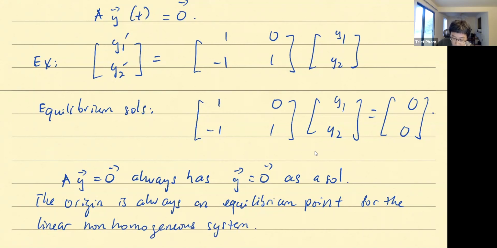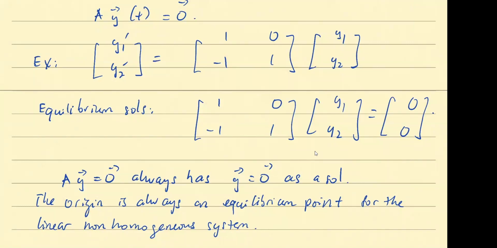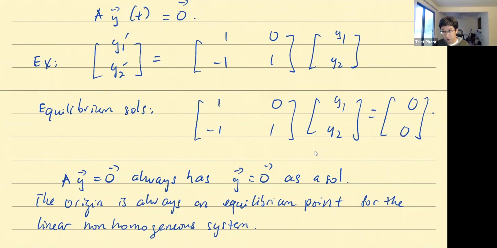Oh, by the way, this should be quite obvious. Think of the spring mass system that we looked at in the previous section. If the only force acting on the spring is the spring force, then of course if you start at the equilibrium point, the mass is not going to move anywhere.